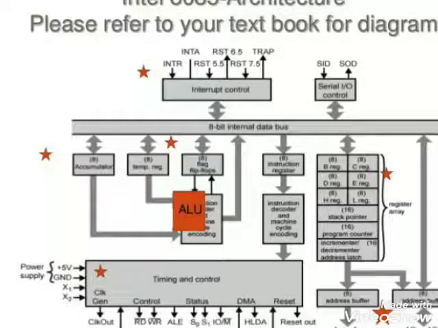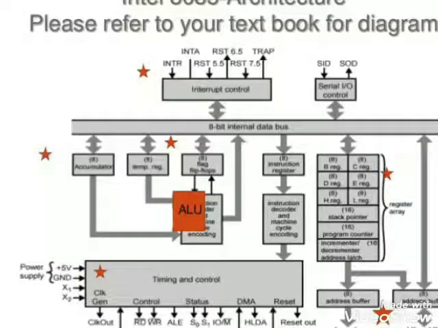IO/M bar identifies whether the operation is with the memory or the peripheral device. Then there are READY, RESET IN, RESET OUT, CLOCK OUT, HOLD, HLDA signals. So basically the timing and control unit receives the decoded information and releases the control signals for the microprocessor that control the operation.